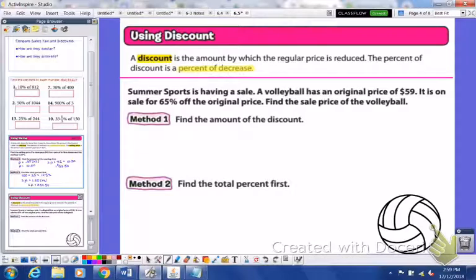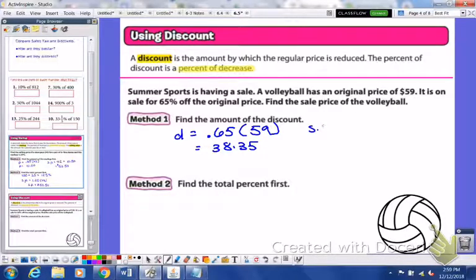Method 1 will be to find the amount of the discount first. So just like before, my discount would be 65% as a decimal times our original amount, so 0.65 times 59. Gives us a discount of $38.35. Now discount, we're taking money off, so we want to subtract.